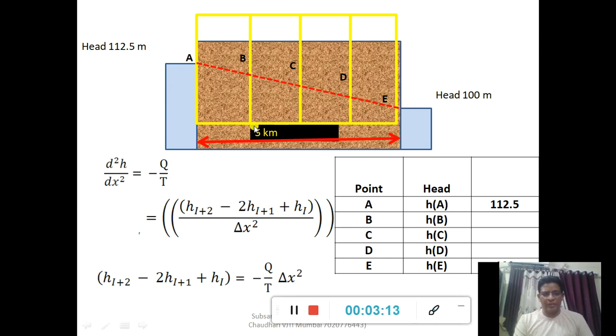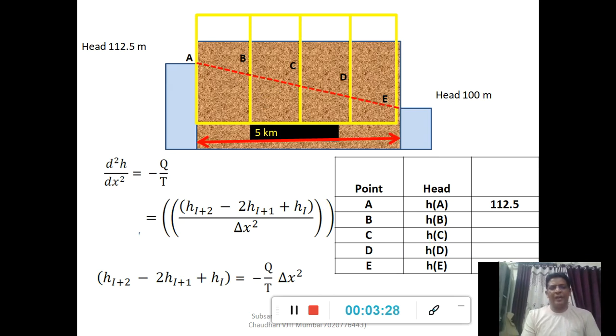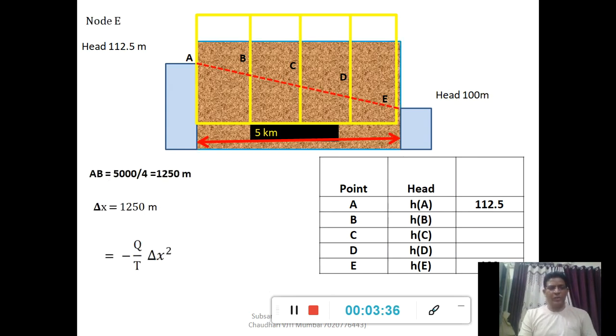Then you will get three equations with three unknowns: h of B, h of C and h of D. You will get the head at points B, C and D after solving these three equations. Let us continue. The first step is to estimate the value of q/T into Δx². For the time being, represent this term as z.